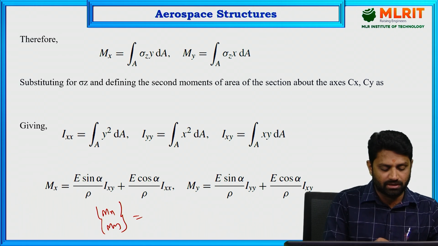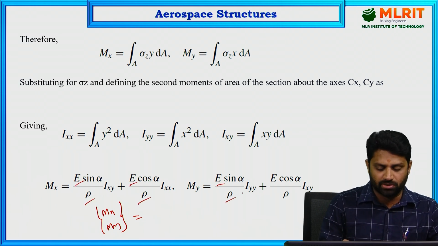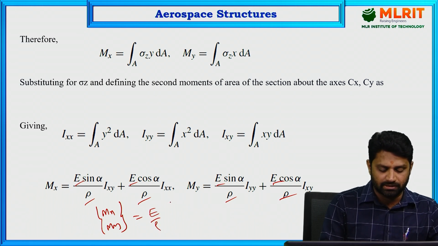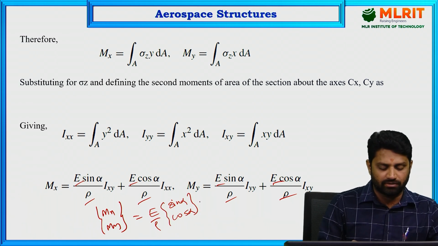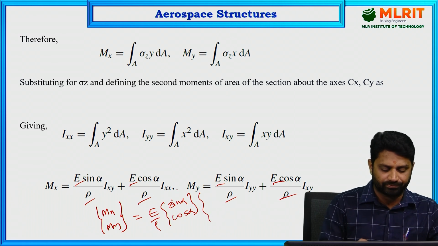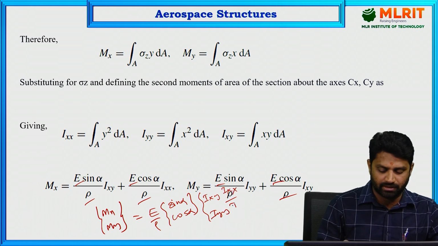For example, from these equations you can take E by rho outside, and then you can put sin alpha and cos alpha in a column matrix, followed by another matrix in which you have Ixy, Ixx, Iyy, Ixy.